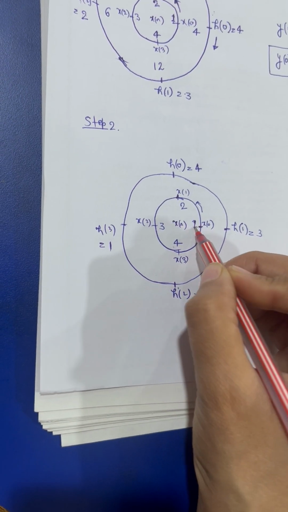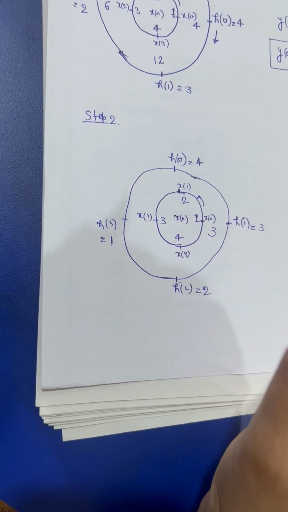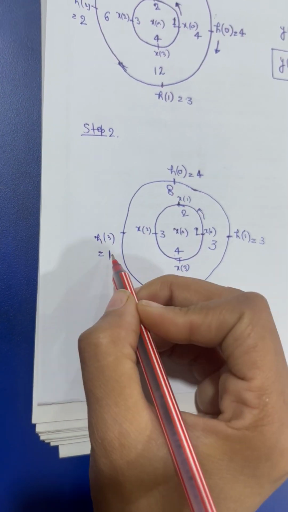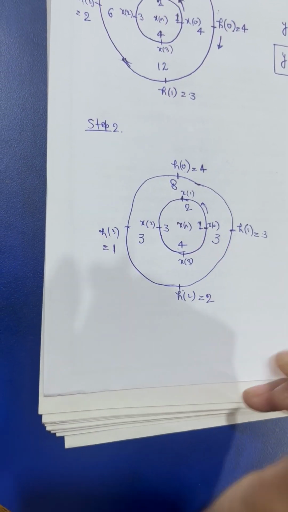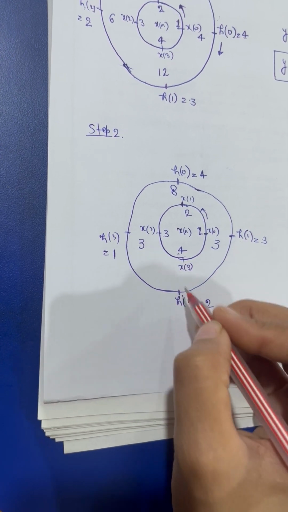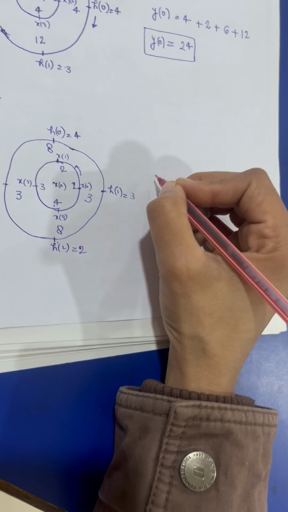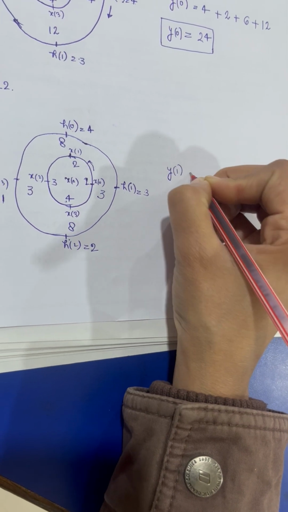That is, 1 multiplied with 3 we get 3, 2 multiplied with 4 we get 8, 1 multiplied by 3 we get 3, 2 multiplied with 4 we get 8. Here we get another value, that is y1.